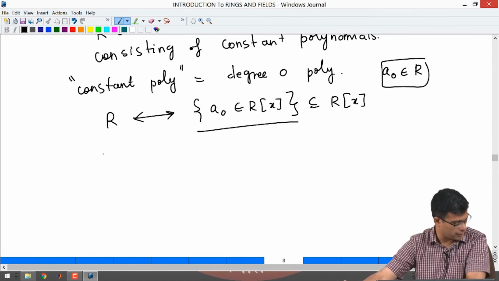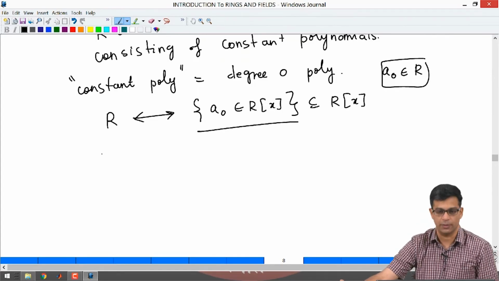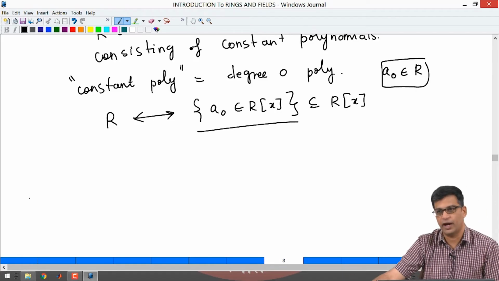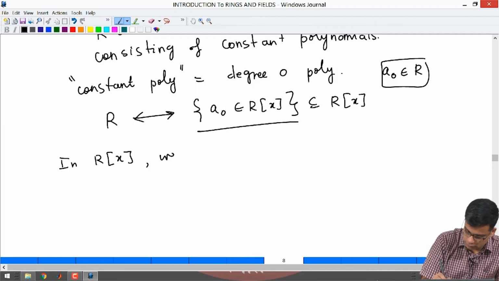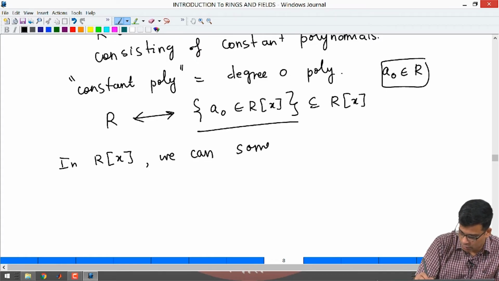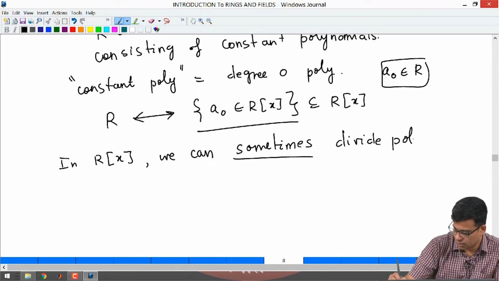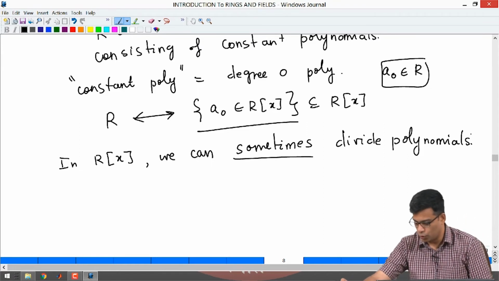So, now let us study these polynomial rings a little bit more. I want to introduce an important concept here. We want to be able to divide polynomials. So, in R[x] we can sometimes, I will write, not always, divide polynomials. So, what is it that I want to do? Okay, so, I am going to quickly do this.